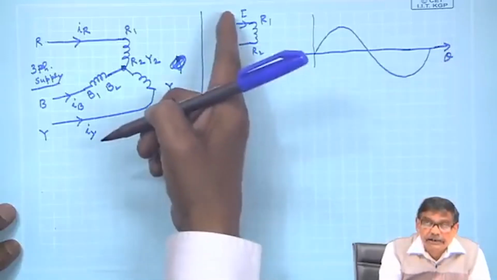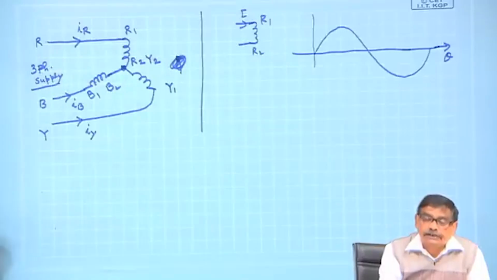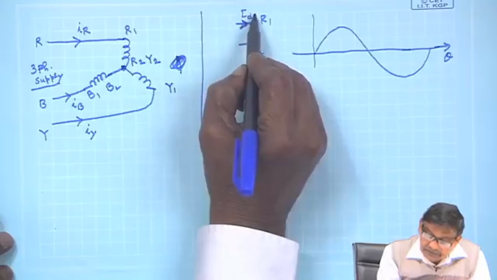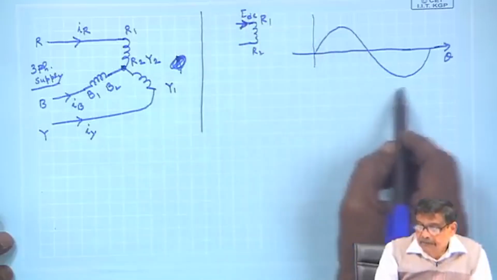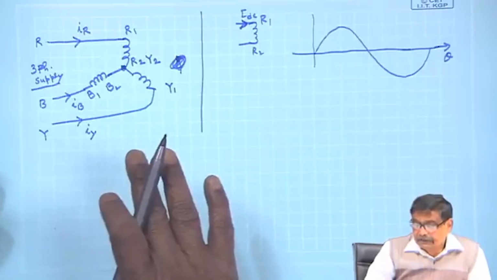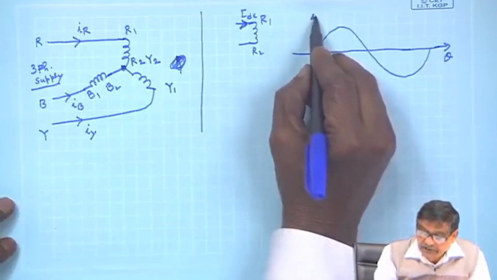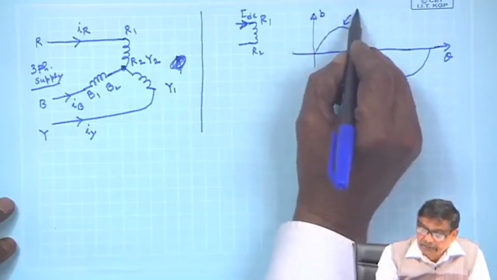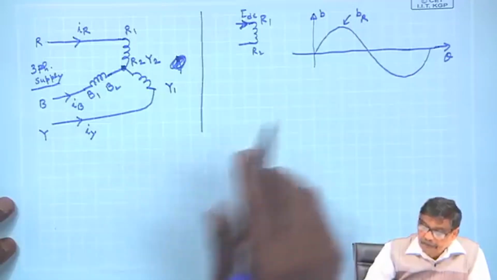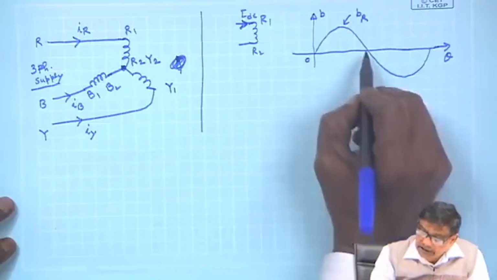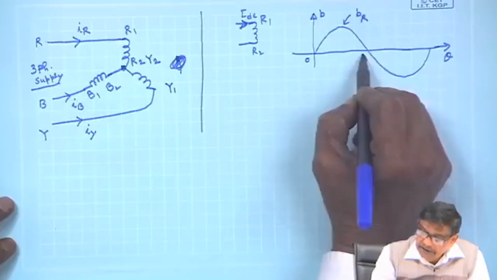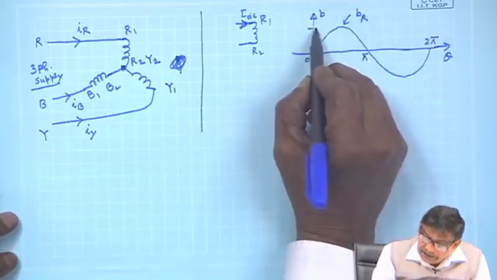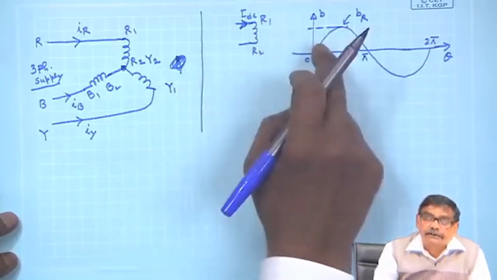I am passing a constant current, only energizing the R phase, drawing a constant DC current, and it will generate a flux density distribution across the air gap of the machine, and this is B R. This is 0, this is all electrical, this is pi, this is 2 pi. And there will be some maximum value associated with this current.